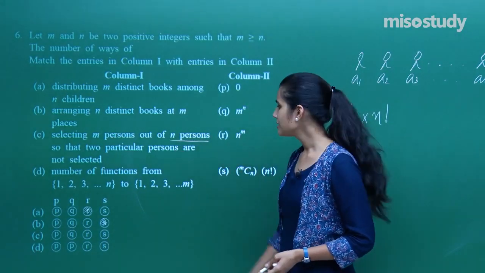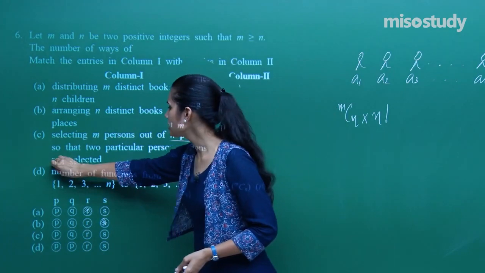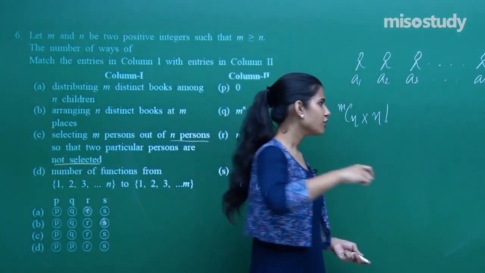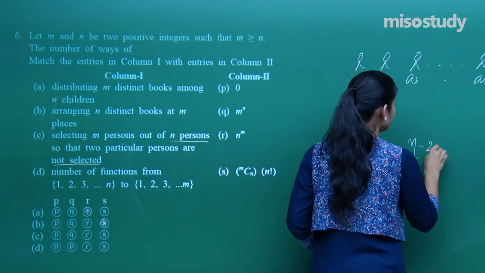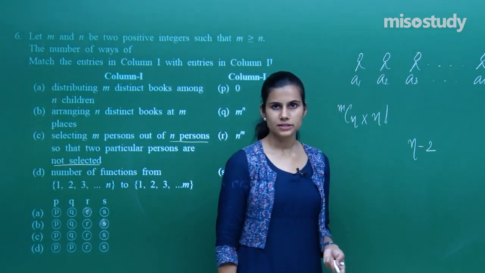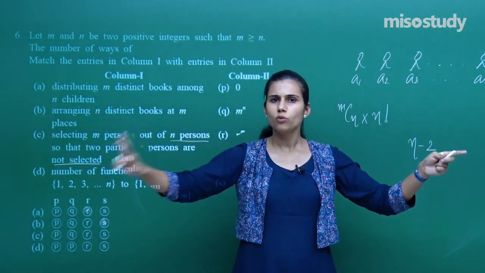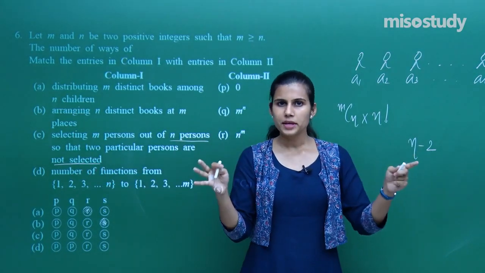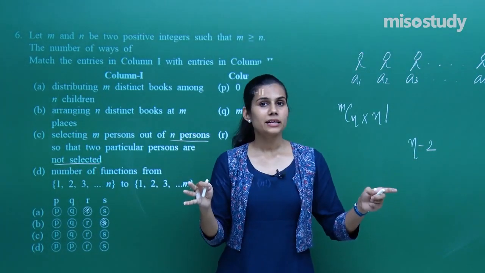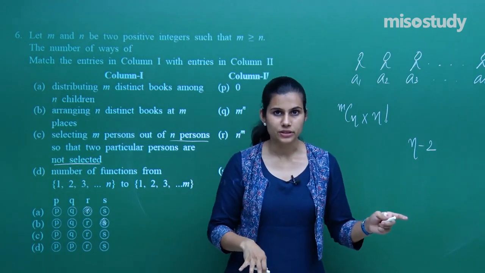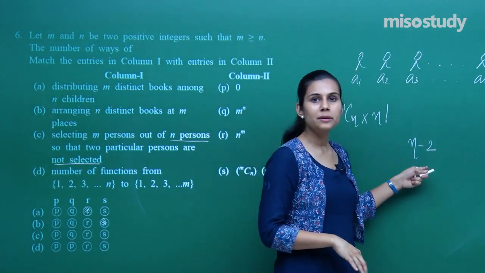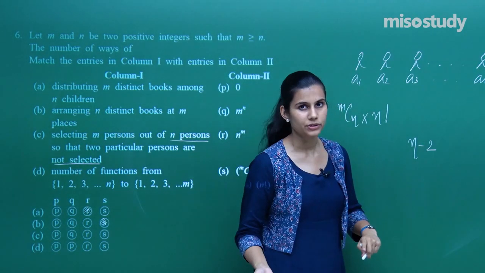Out of these n persons, there are particular two persons which are not supposed to be selected. So now your choice is among the available n minus 2 persons. There are n people in total, out of which two particular persons are devoid of being selected. So now you're left with n minus 2 persons. From these n minus 2 persons, you want to select m persons.